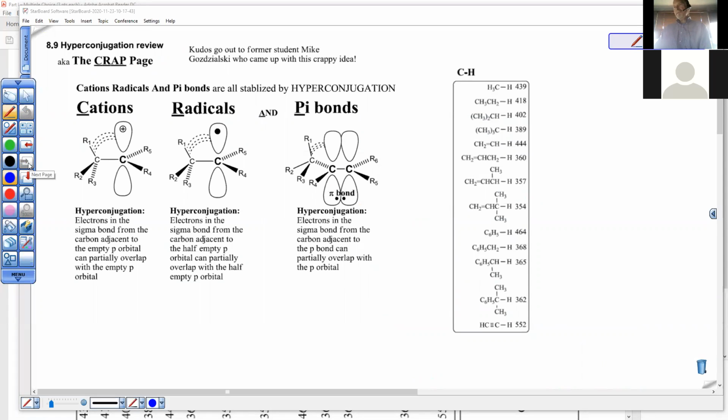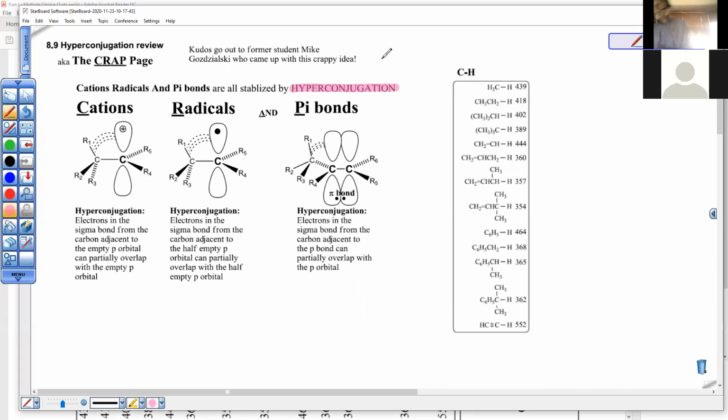And then we have this cool page from the book, generated from a student idea. We've looked at why cations are more stable if you have more carbon groups around them. We called it hyperconjugation. Hyperconjugation.